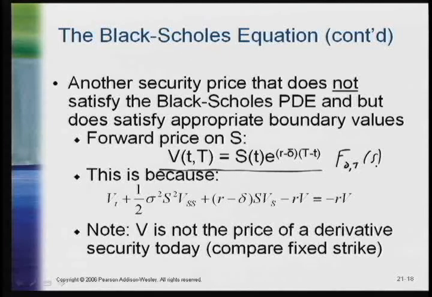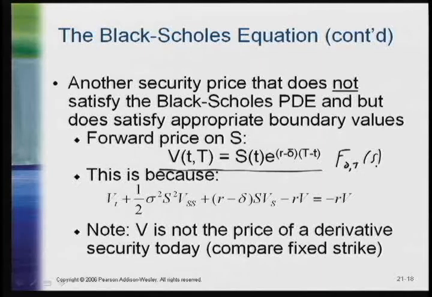This is simply a price that you and I would agree to today that will change hands at time t in return for S, one share of stock. So it is not the price of a derivative security today. The prepaid forward is the price of a security today, and we saw that the prepaid forward indeed satisfies this differential equation. But the forward price itself does not satisfy this differential equation.